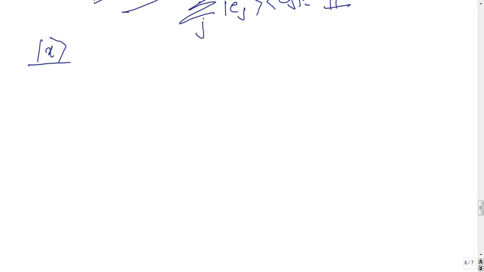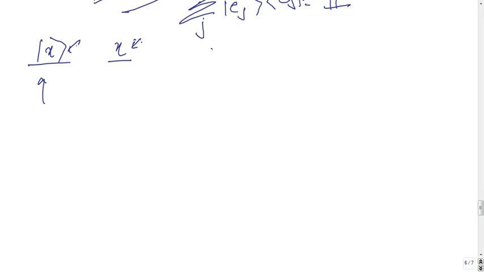And to differentiate from the usual coordinate x, which is a real number. Remember, this is a real number, and this is not a number, it is a vector in the Hilbert space. Okay, and a Hilbert space in general is complex valued.